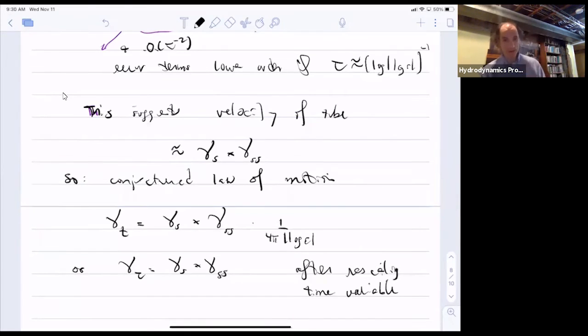And let me assume I've rescaled it in such a way as to absorb the factor of log 1 over epsilon. And I'm sorry, this is crazy. This is 1 over 4 pi log 1 over epsilon, not 1 over log epsilon.